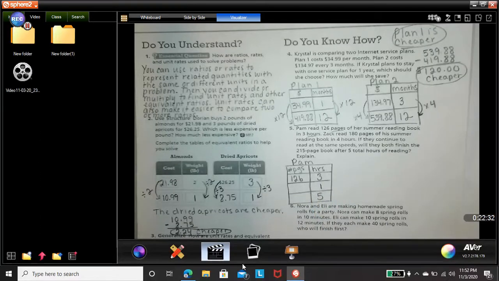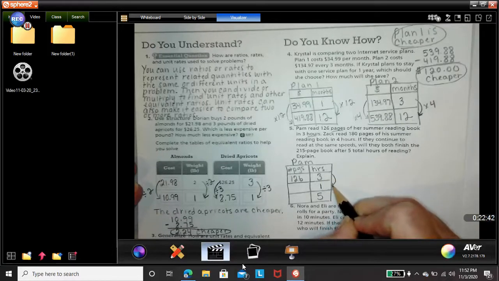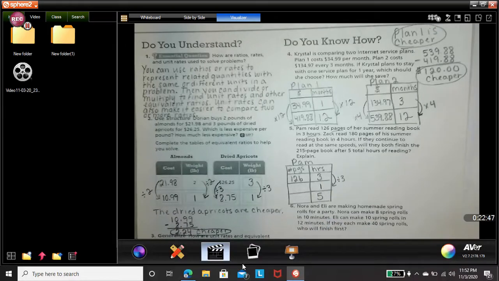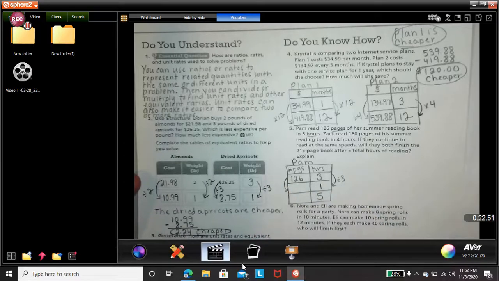And to find the unit rate, because you want to get to a 1 with a unit rate, you're just dividing by the original number. So since we're starting with 3, we're going to divide by 3 to get to that 1. Remember we have to do the same thing to the other side. So we're going to take the 126 and divide it by 3.